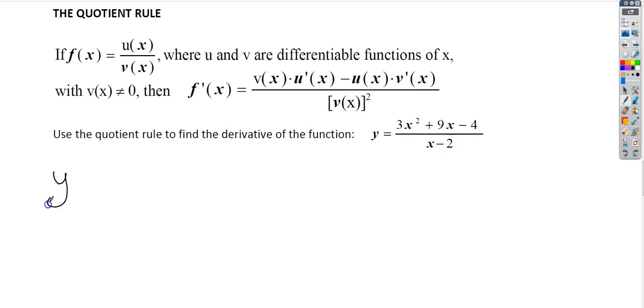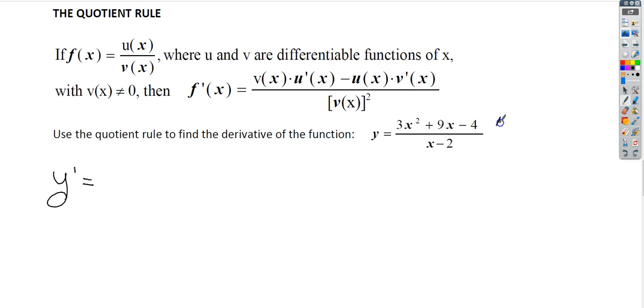So y prime is equal to, okay, u of x, except our polynomials, one's on top and one's on bottom. So the first one, we leave it alone. My bad. You do the u of x and v of x.